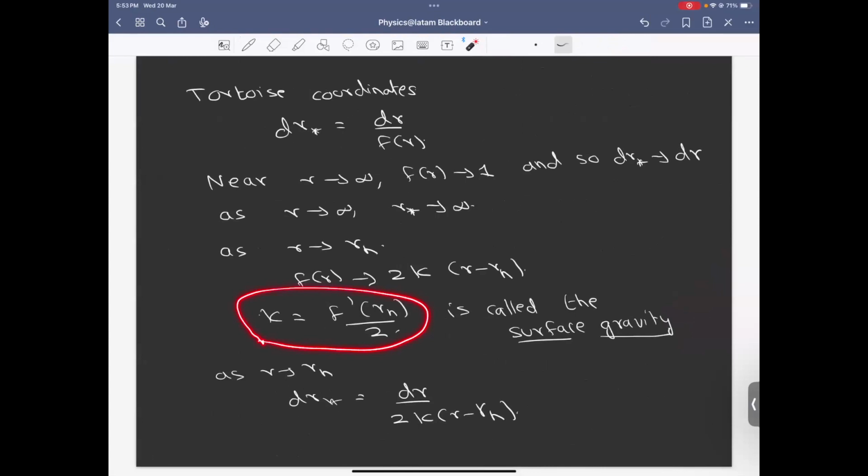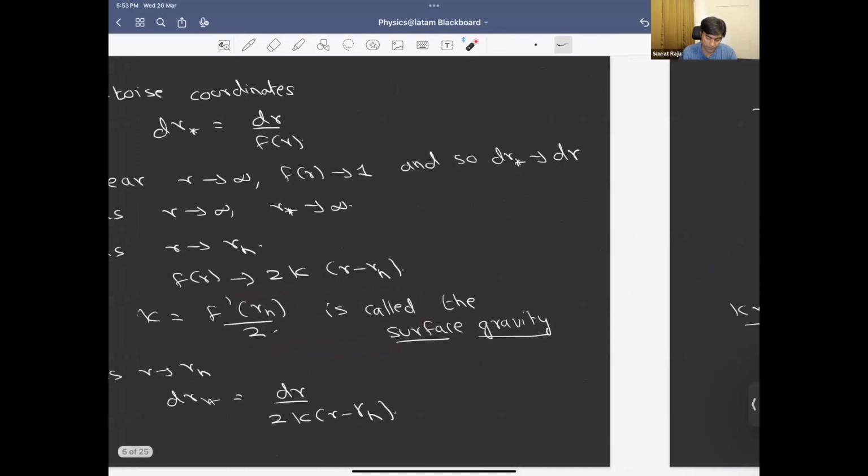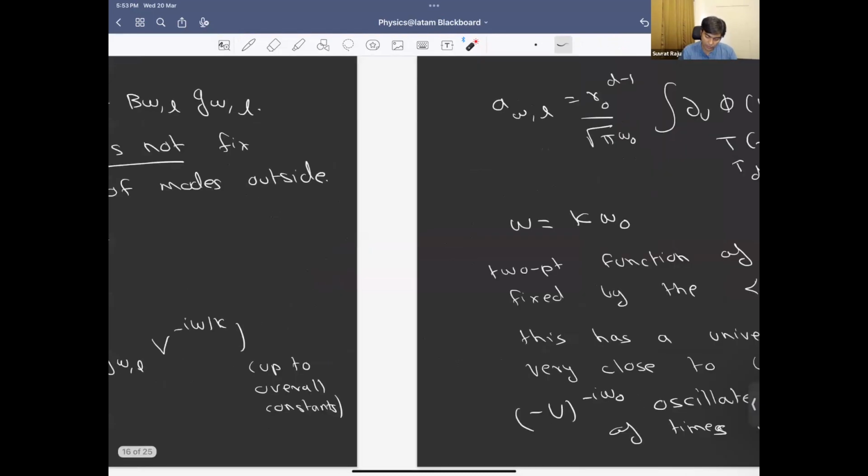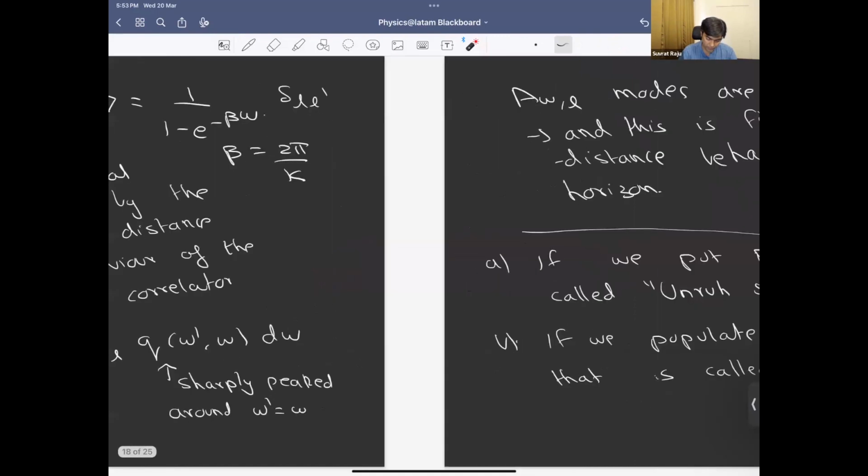So why is it not coordinate dependent? Because it depends on f prime at the edge over 2. Right. Yeah, sorry, I think I missed that. I thought maybe one can choose a very clever coordinate system where the kappa goes to 0. It's the horizon. I'm sorry. Okay. So is that clear to everyone?